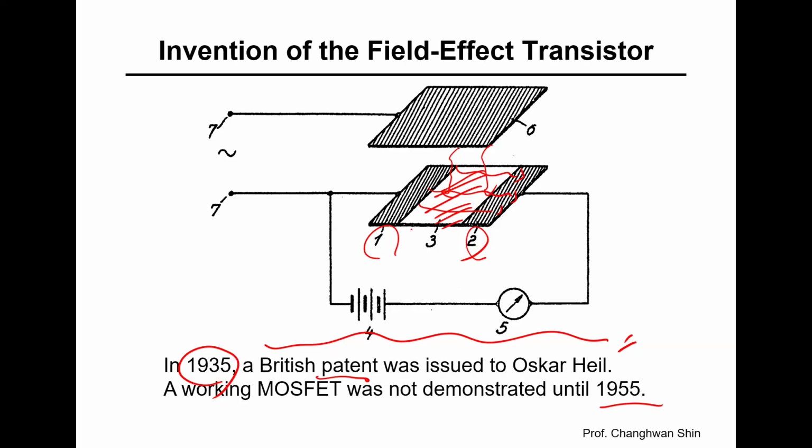This gap between conception and implementation reveals an important lesson about technological innovation. Great ideas often await the development of materials, manufacturing techniques, and supporting technologies before they can be realized.